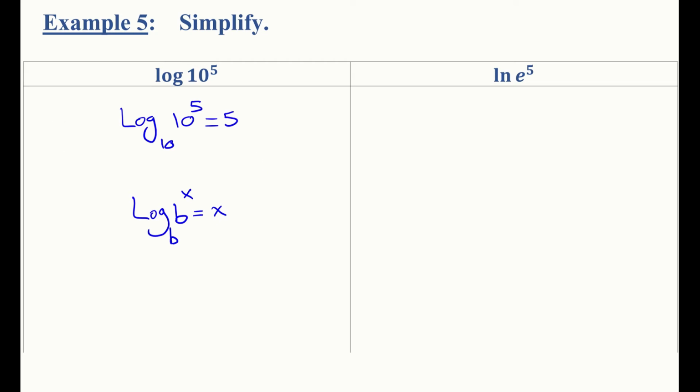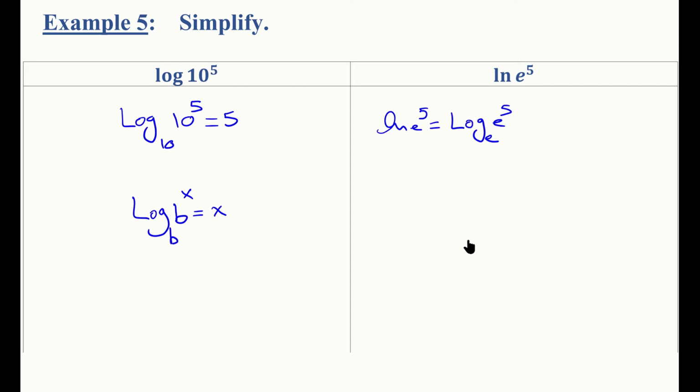On this one on the right, we know that ln of e to the 5 is just another way of saying log base e of e to the 5. And of course, again, because the base of the logarithm and the base of the power that we're computing is the same, we have the same scenario, so we know we're just going to get the exponent.